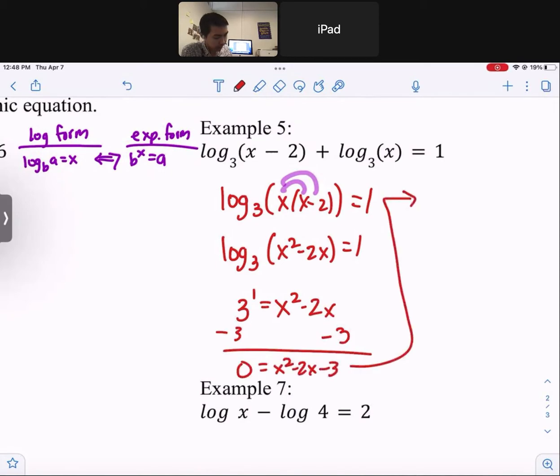And if you factor that using your x method, x minus 3 times x plus 1. x equals 3 and x equals negative 1.